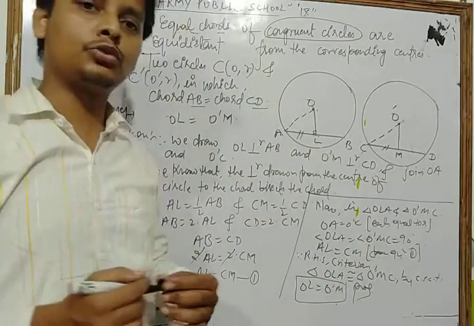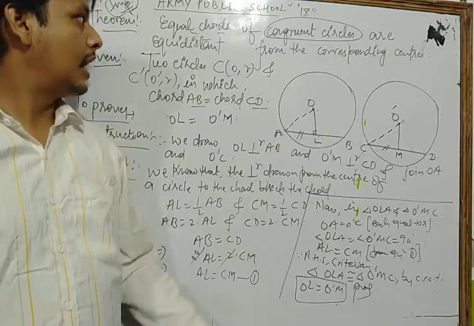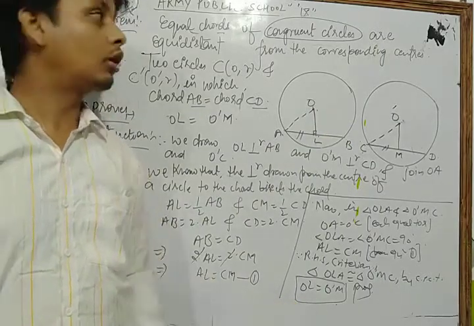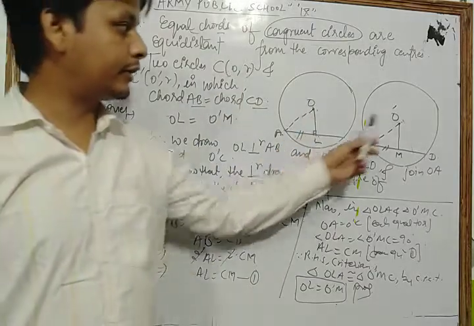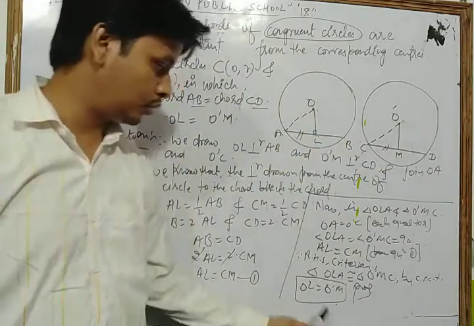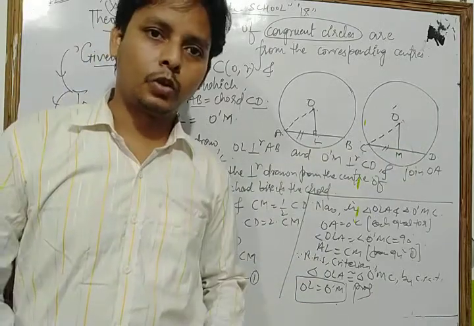In this way, dear students, we can say that equal chords of congruent circles are equidistant from the corresponding centers. So here we have OL is equal to O dash M.